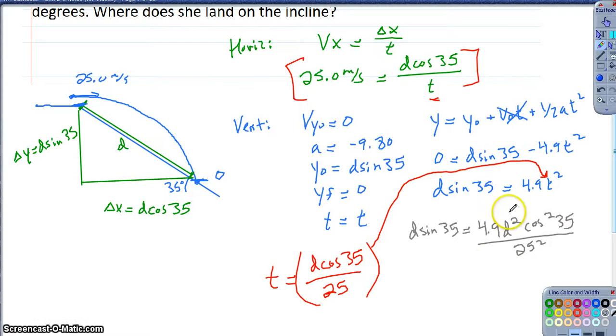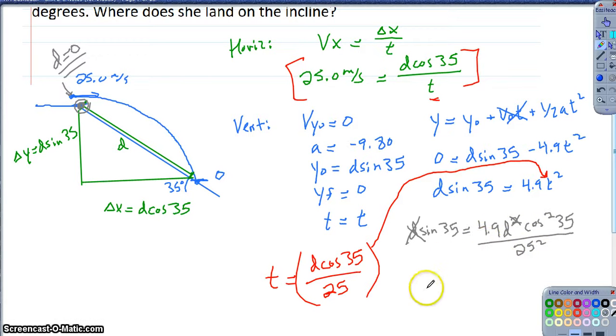So it looks like a little bit of a mess, but keep in mind all of these are just numbers with the exception of d. I can in fact cancel one of my distances out, right? That takes away the fact that the distance could be 0, but we already know that if she started at 0. Okay, so if I factored that out, I actually could have an answer of d equals 0. But I know that at 0 distance she started in the same location. So I'm looking for the other one.